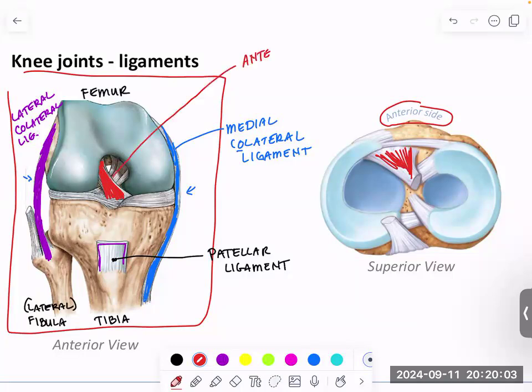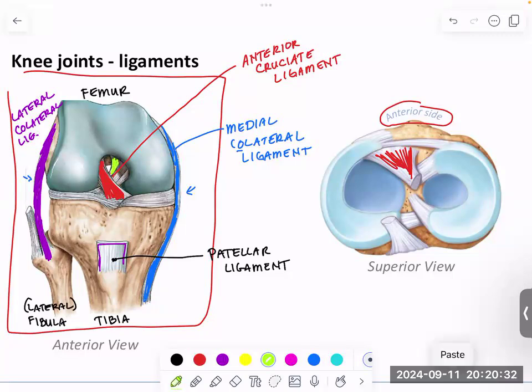It is your anterior cruciate ligament. It's not a collateral ligament. It's a cruciate. Think of it as a crucial ligament in the thigh. I didn't make these names up. I'm sorry. There's one in the back here.